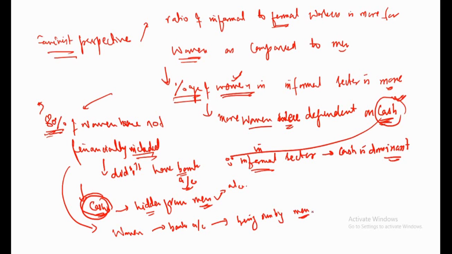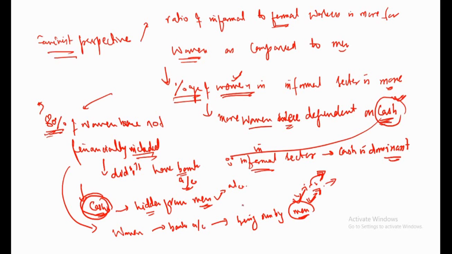Most of the women are not educated, they don't know how to use a bank account, how to withdraw money, how to deposit money, and they are not allowed to visit the bank. So even if their accounts are in their name, they are practically operated by men, or they take permission from men about when to withdraw, when to deposit. Even if they visit the bank, they visit with their husbands or with their sons, that is, with their male counterparts.